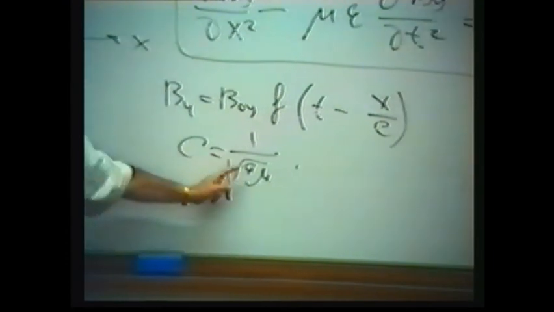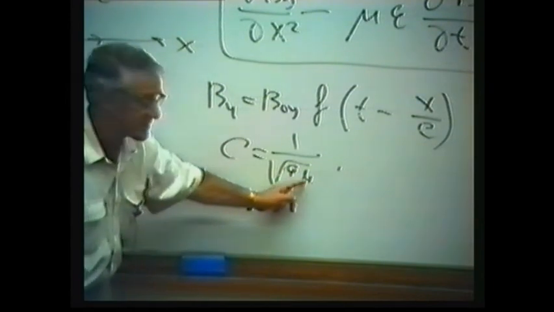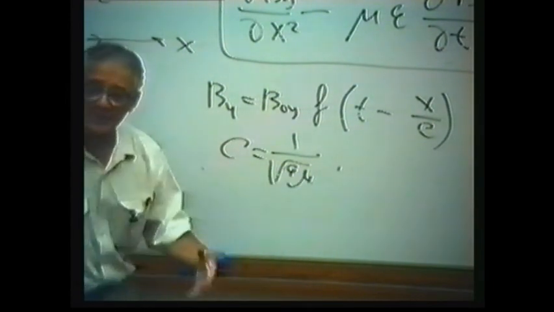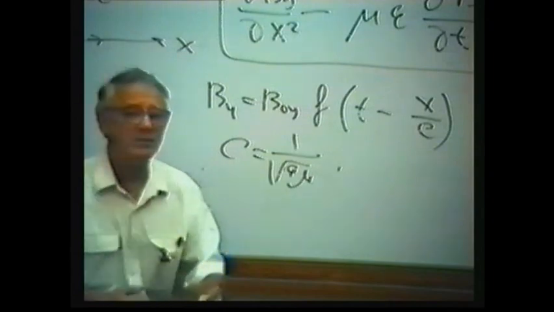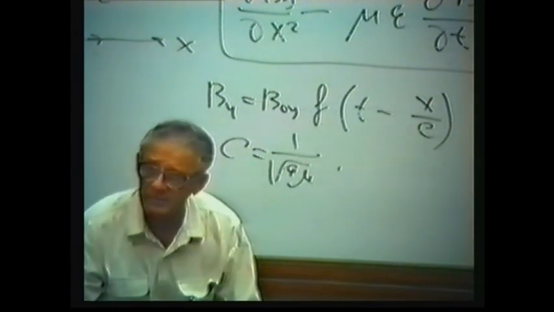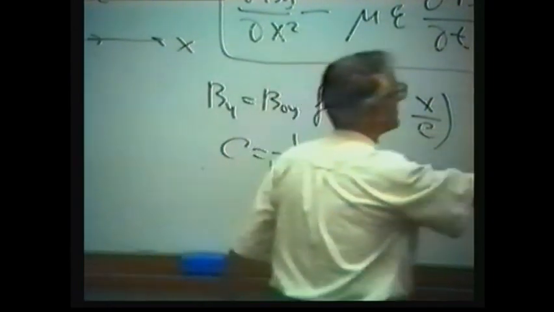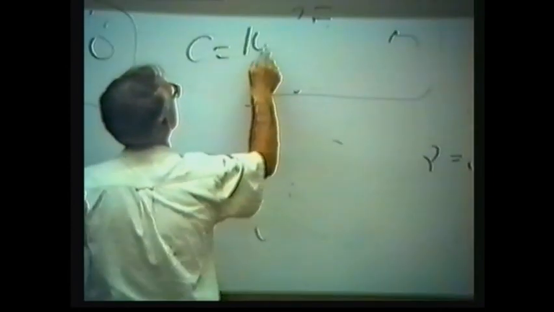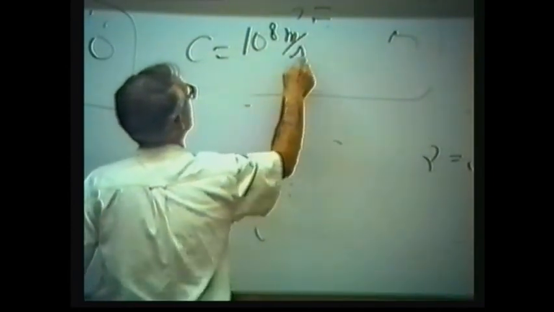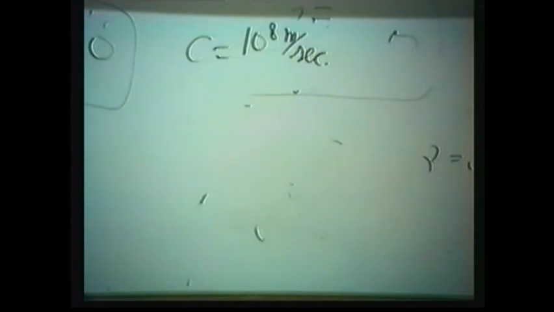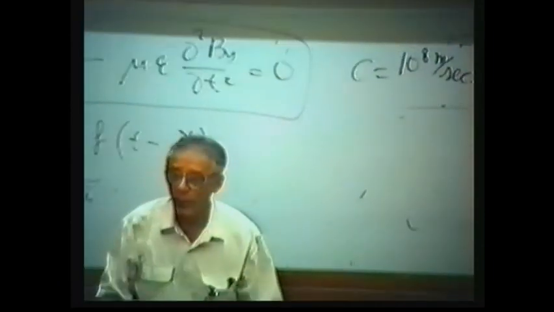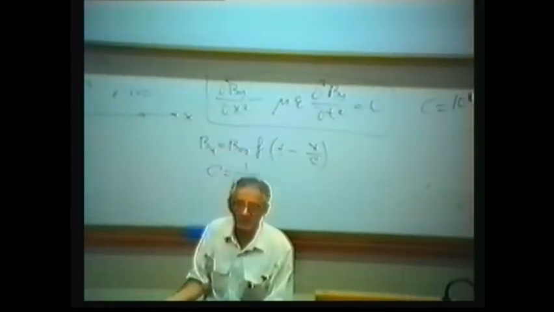It equals one divided by square root of epsilon mu, and if it's free space, it equals the velocity of light. What is the velocity of light? 10^8 meters per second. If it's a dielectric, like water, what happens with velocity?